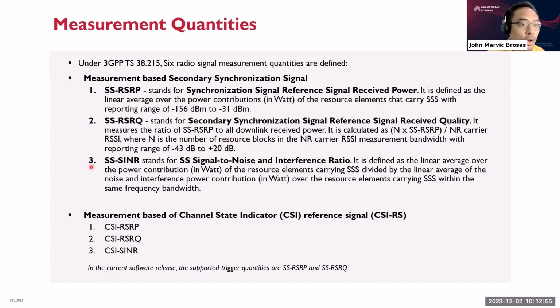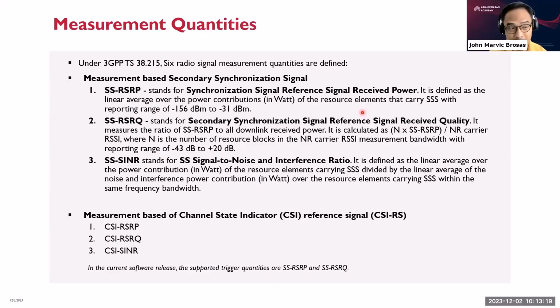Parang ganon. So the network is actually measuring these basic measurements or indicators. Like for example, RSRP, or the reference signal received power, is basically your signal level. Malakas pa ba yung signal? Okay pa ba tayo?